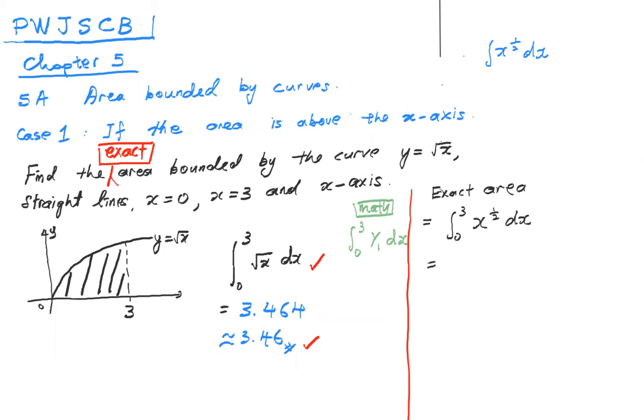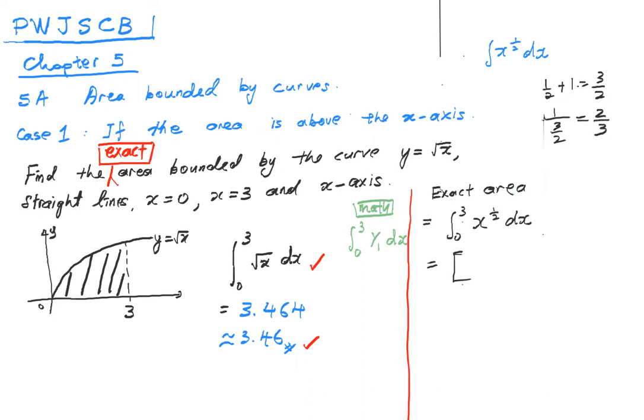Okay, you integrate, you power plus 1 divide by the new power. Am I right? So half plus 1 is 3/2. 1 divided by 3/2 is 2/3.